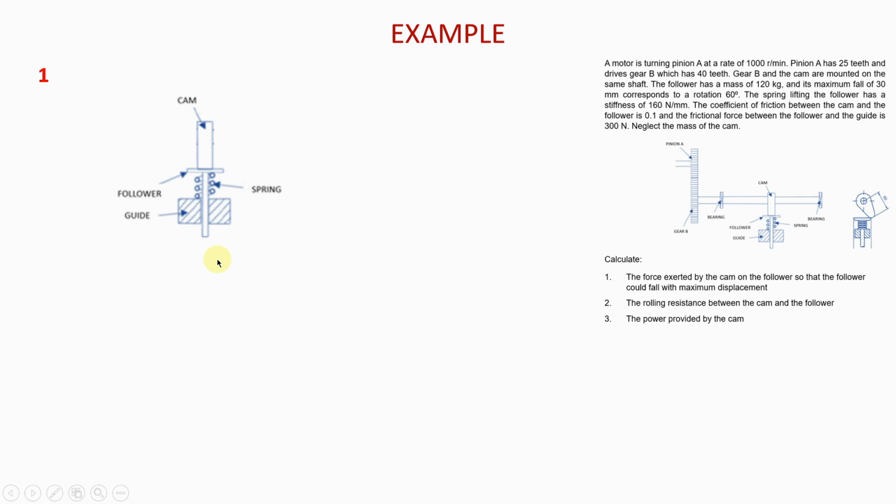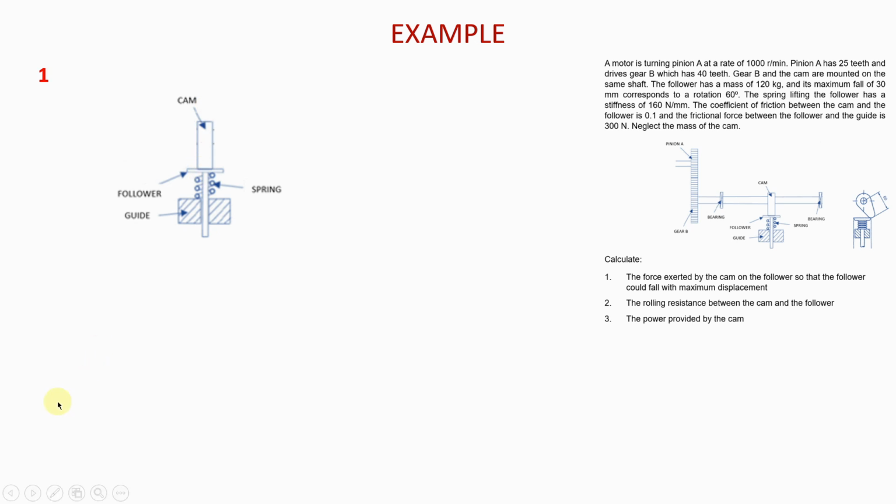And so we need to find the force that the cam is exerting on the follower to cause it to fall by 30 millimeters. When you look at this figure, for the cam to cause the follower to fall by 30 millimeters, it needs to exert a force that is pointing down.